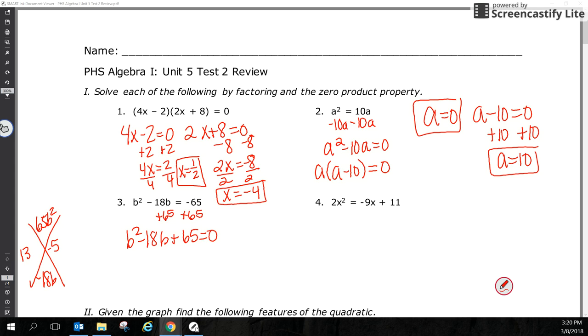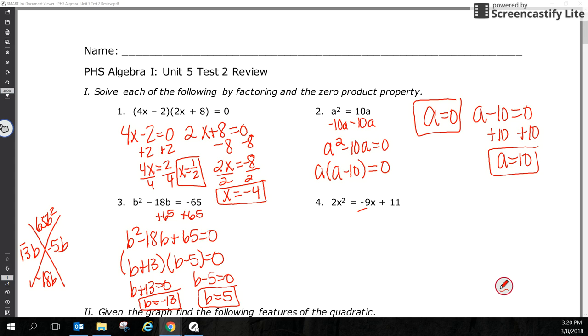Since it's -18, I need both of these to be negative. And so I get b minus 13, b minus 5. Setting those both equal to 0, I get b minus 13 equals 0, which means b is equal to 13, and b minus 5 equals 0, so b is equal to 5.